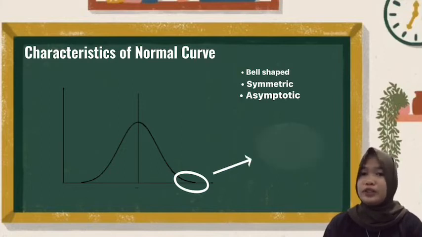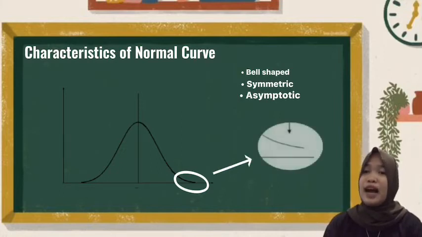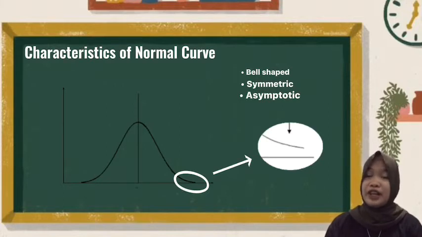So, ito yon. Nakaangat yung tail ng curve natin. Hindi siya naglilink sa 0 or hindi siya nag-fall sa 0. Yun yung point ng asymptotic. So, those are the characteristics of the normal distribution.